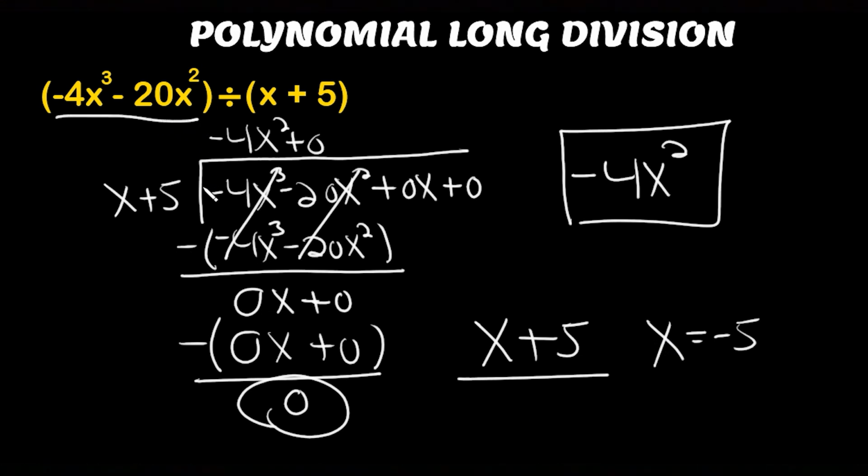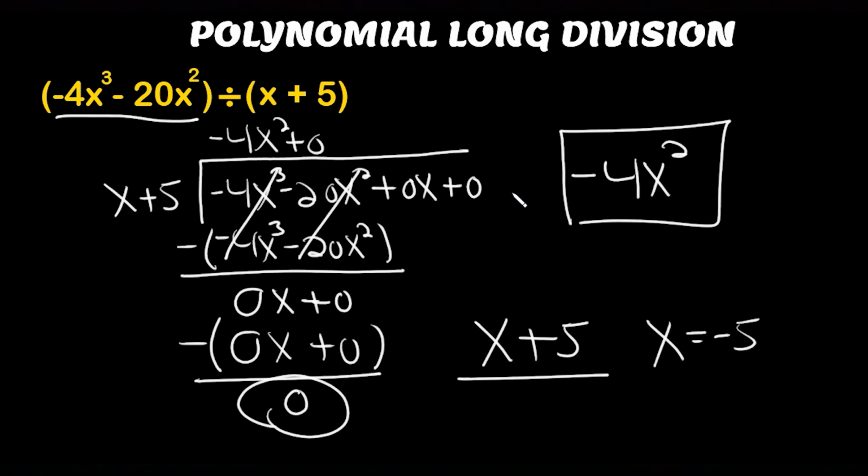Or in other words, if I were to solve this factor, my divisor, x equals negative 5, that's where this polynomial is crossing the x-axis. It's crossing at negative 5, okay? So again, something to think about here. If you ever get a remainder of 0, that tells you your divisor is a factor of that polynomial being your dividend, okay? But this is our final answer right here, negative 4x squared, and that is it.